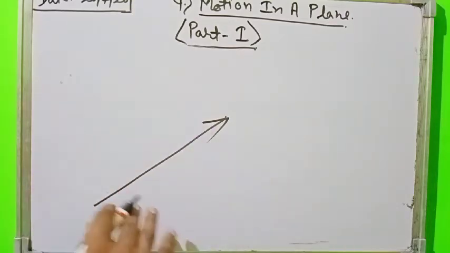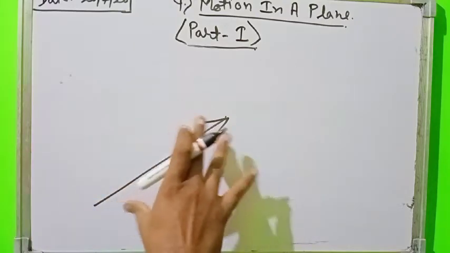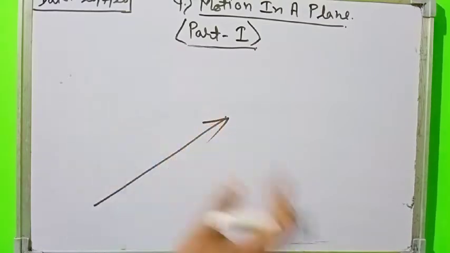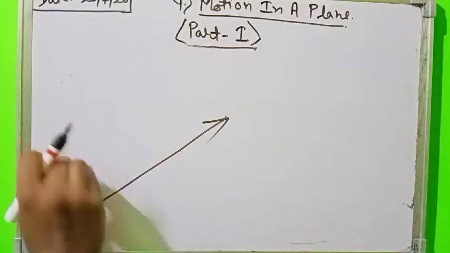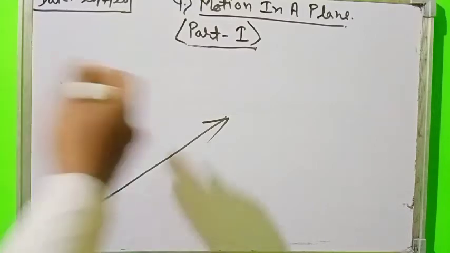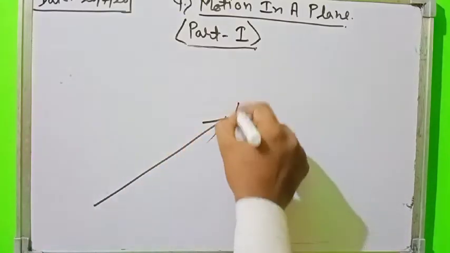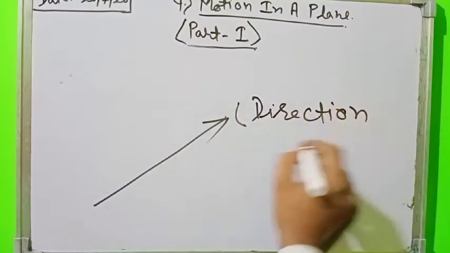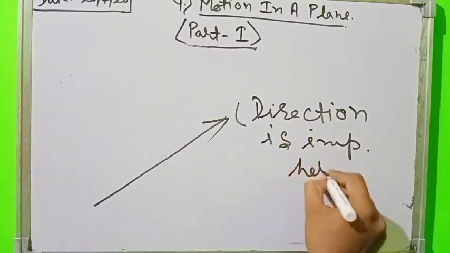So it is important here to know the resolution of this moving object. This moving object can be resolved into two different directions, and we will take both resolved components to know about this vector. So knowledge of direction is important here.